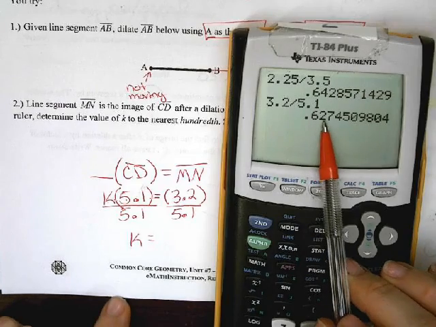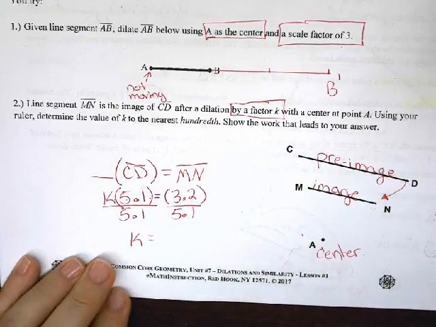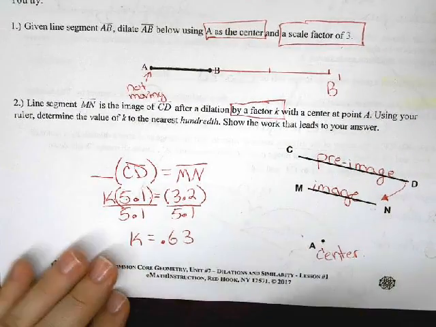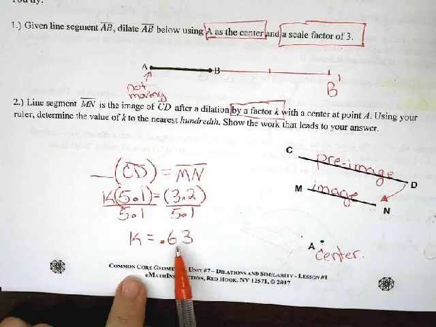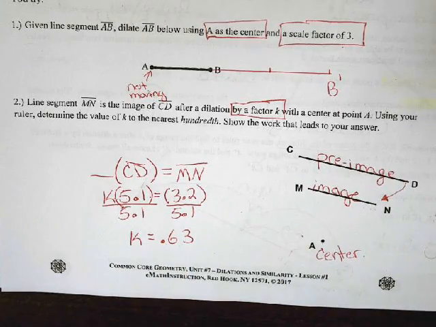Okay, to the nearest hundredth, this would be 0.63, which makes sense because the image got smaller. So if the image gets smaller, this number will be less than 1. If the image gets bigger, this number will be greater than 1.